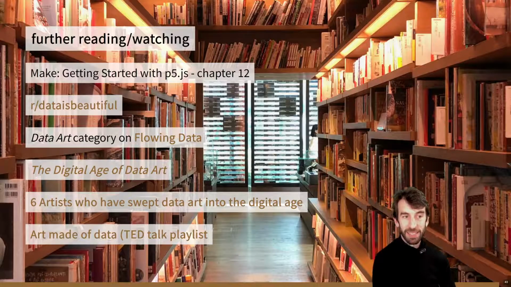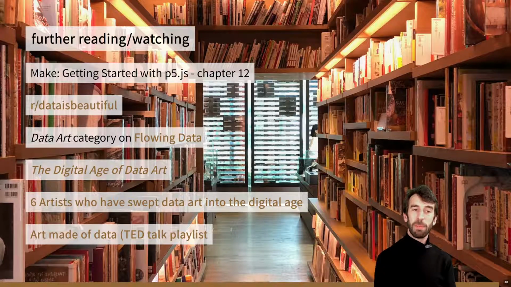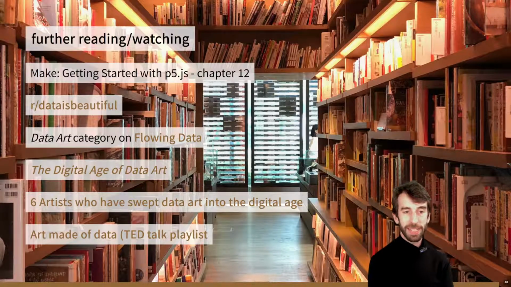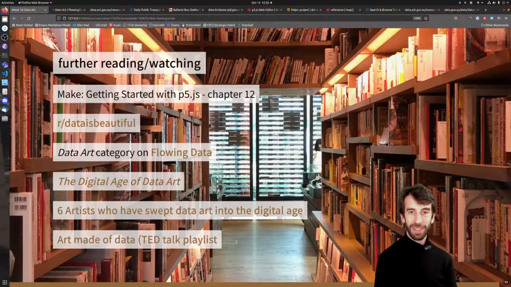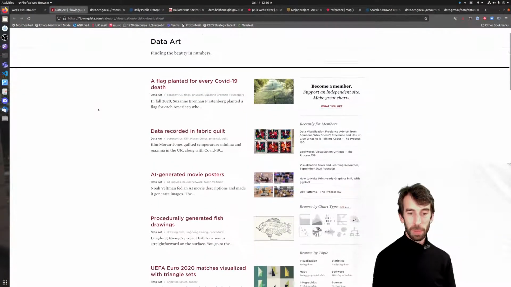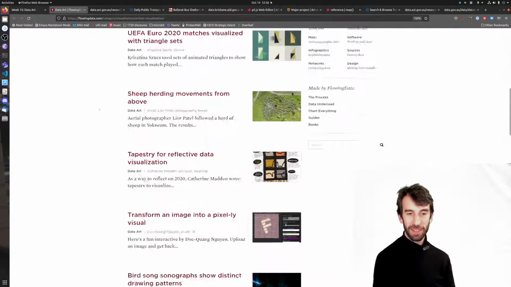A few links. Some of this stuff is represented in the textbook, chapter 12, Getting Started with P5.js. Of course, there was the data art category on Reddit, a data art category on flowing data. This stuff is a little bit more whimsical than the ones on Reddit, I think.